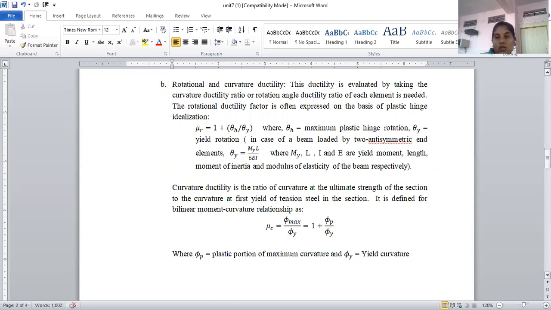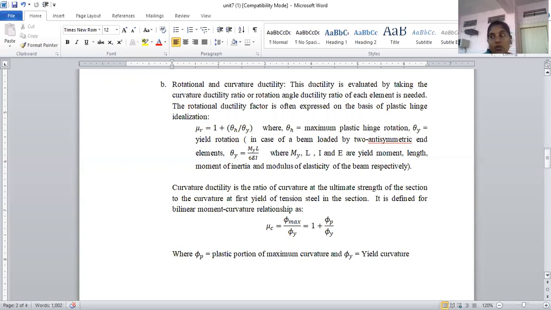Write down these formulas. Mu r is equal to 1 plus phi h upon phi y, or you can say theta h upon theta y. Mu r is equal to 1 plus theta h upon theta y.